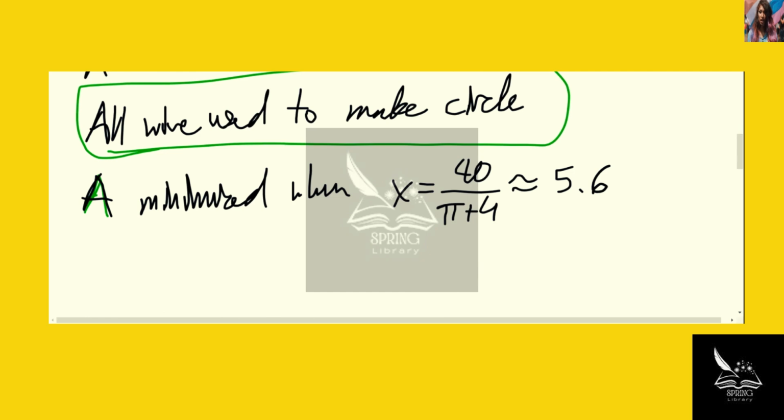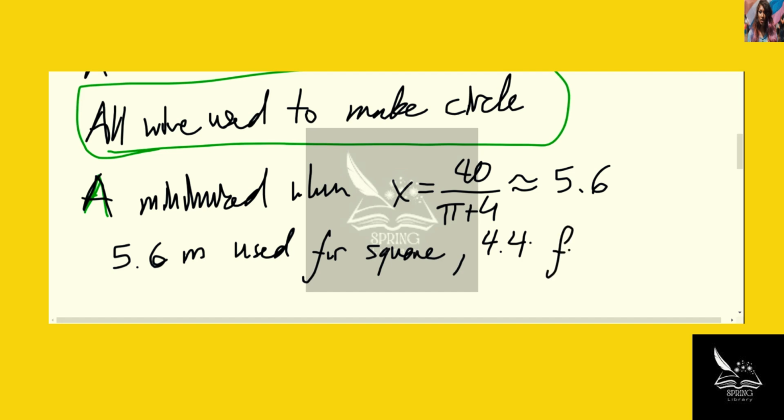Therefore, in this case, about 5.6 meters of wire should be used for the square, and the remainder, 10 minus 5.6, which is 4.4 meters, should be used for the circle.